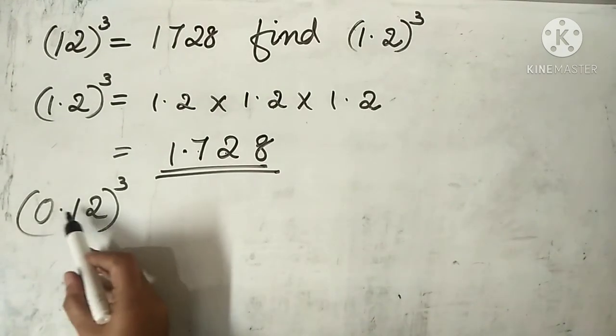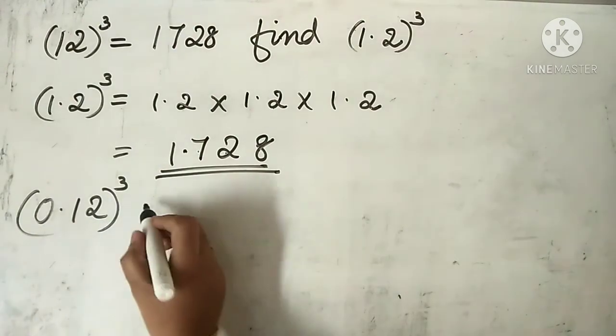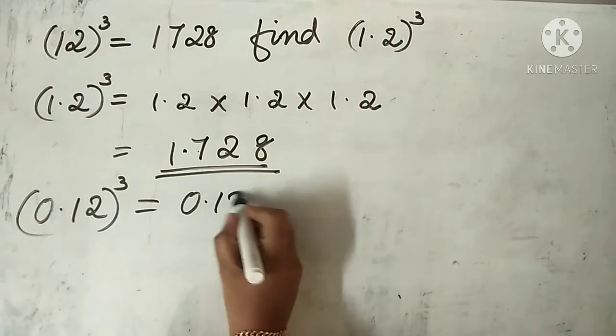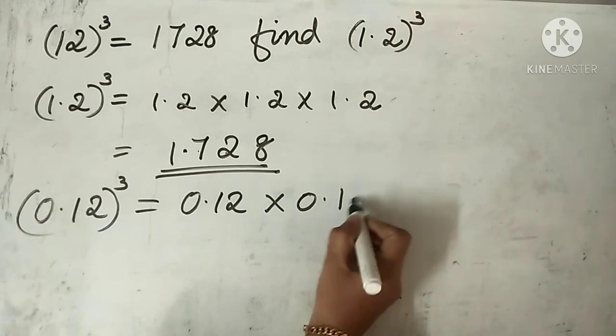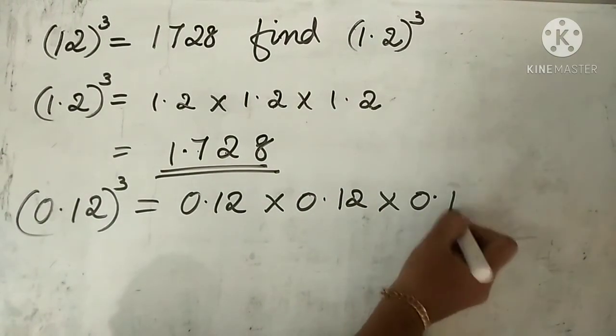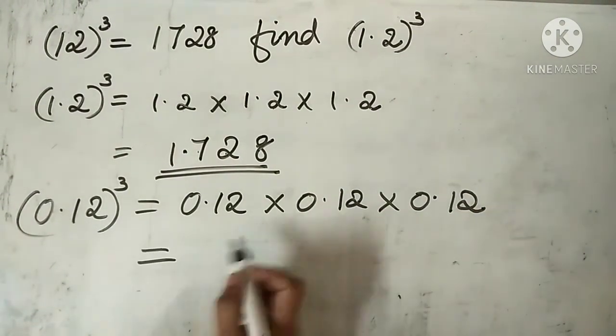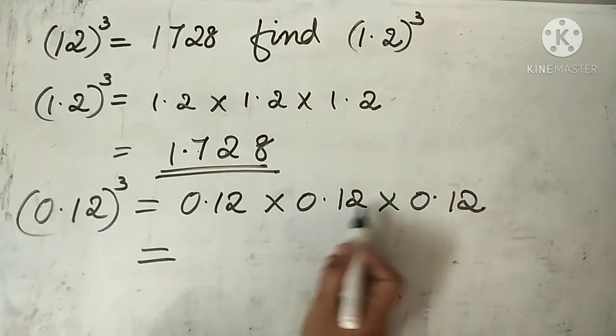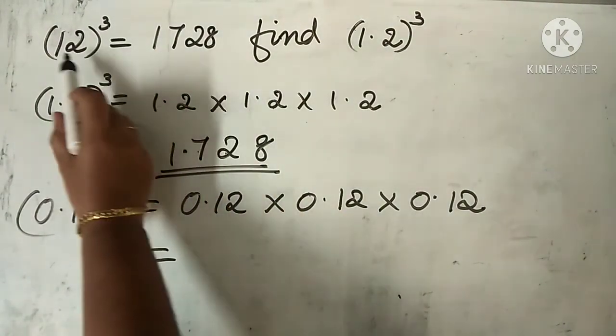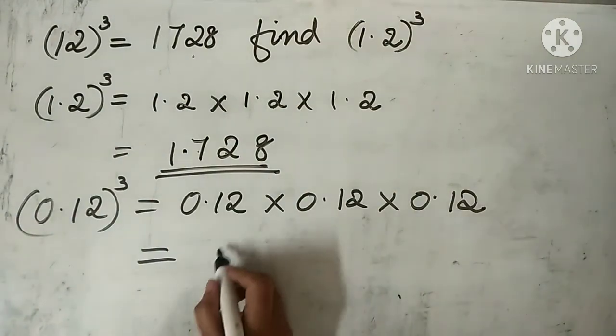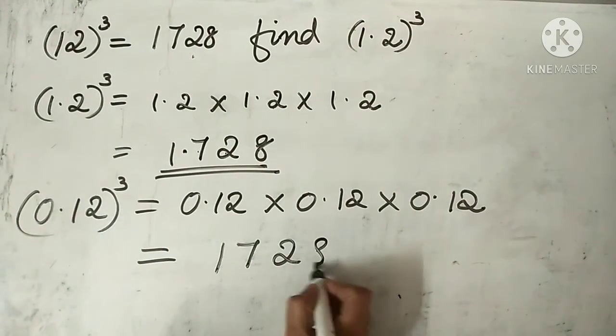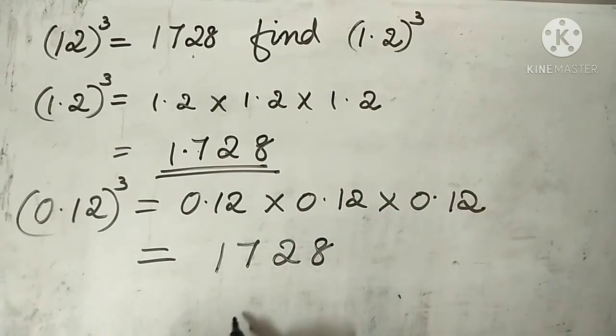Another example. Find 0.12 whole cube. We can write this as 0.12 into 0.12 into 0.12. Here we just multiply 12 into 12 into 12. We know 12 into 12 into 12 is 1728. Now count the numbers after the decimal point.